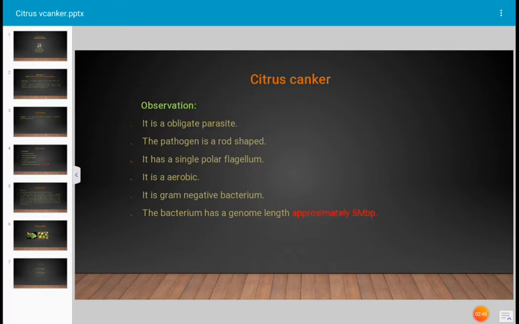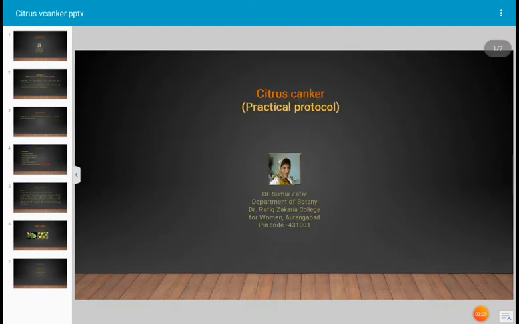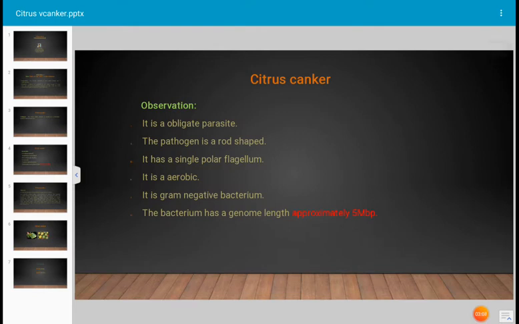Citrus canker disease is caused by Xanthomonas citri, a bacterial pathogen and an obligate parasite. Obligate parasite means that it grows only on the living host.